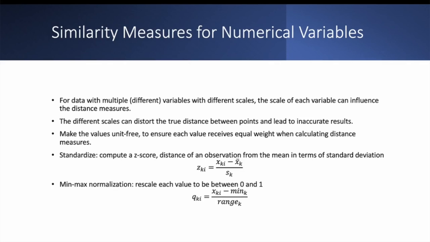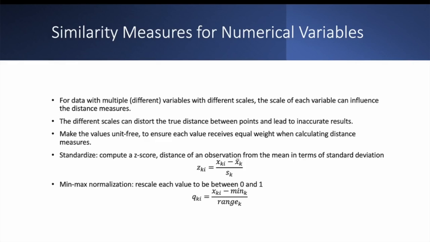For data with multiple variables with different scales, the scale of each variable can influence the distance measures. The different scales can distort the true distance between points and lead to inaccurate results. For example, when comparing customer information, data such as annual income tend to have a greater scale than the number of hours spent online per week, simply because annual incomes are larger numbers.